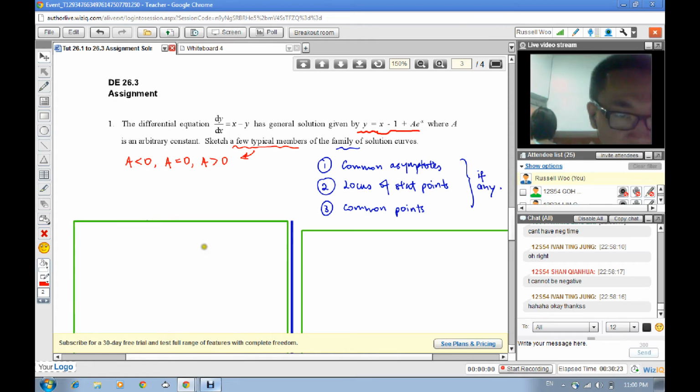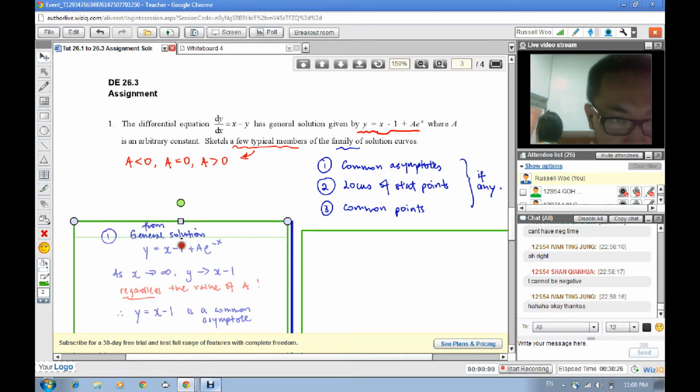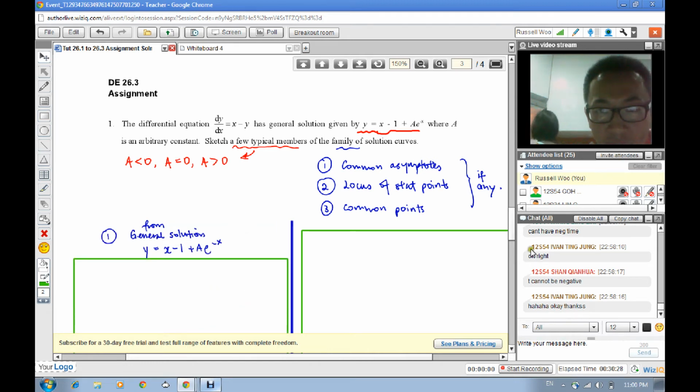You are essentially asking yourself, as x tends to positive infinity or negative infinity, will y tend to a common straight line regardless of the value of a? I say again, as x tends to infinity, will y tend to a common straight line regardless of the value of a?